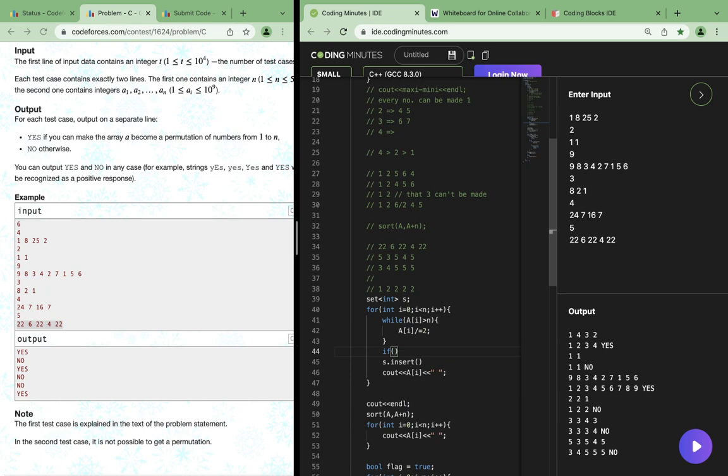First of all, check if s dot find of a of i is not equal to s dot end. I don't remember what this returns. Hopefully that returns the end if it's not found.